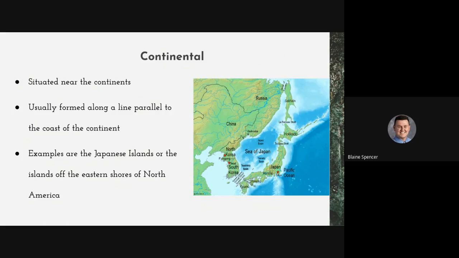These are landforms that were created. All right, so if continental islands are usually islands that run close and are running parallel to the coast of a continent, what would be an oceanic island then?